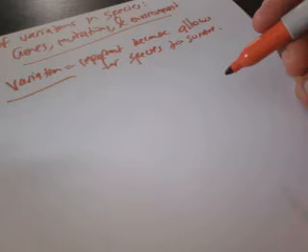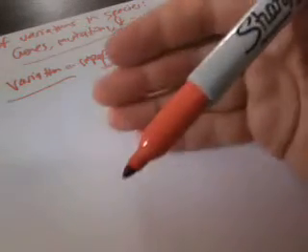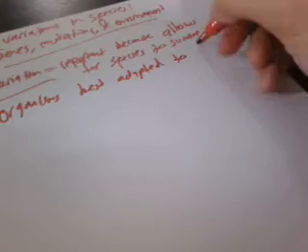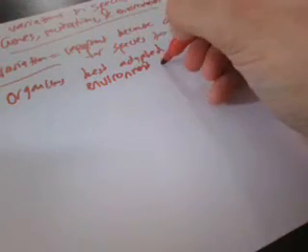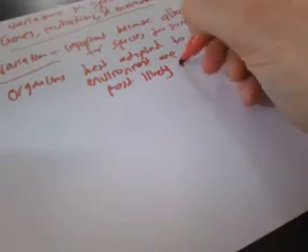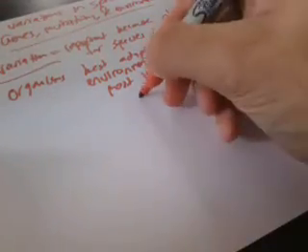Some individuals will have characteristics that are favorable, allowing the species to survive the change. So let me write down here, organisms best adapted to their environment are the most likely to produce offspring.